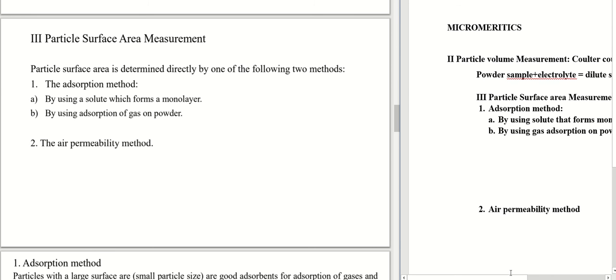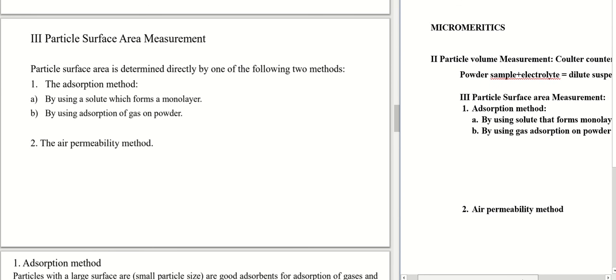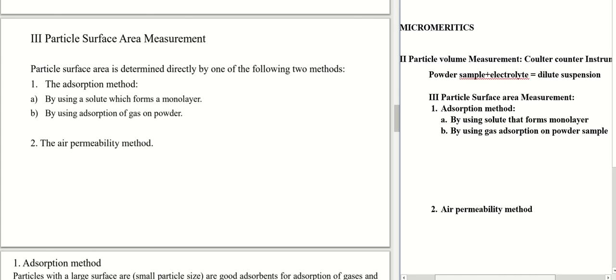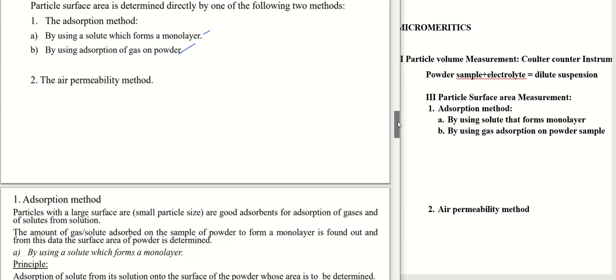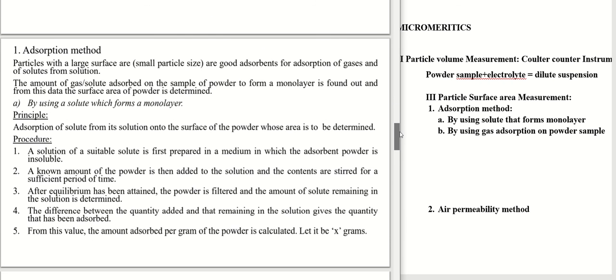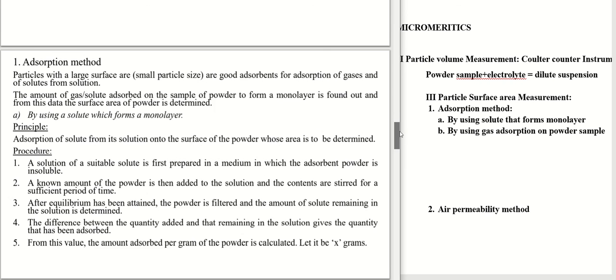Now first of all, we will be discussing how this adsorption method can be applied in measuring particle surface area. And in that, we are having two principles. The first one is by using solute that forms a monolayer, and the other is by adsorption of gas onto the powder. Now let's get into this method. The first one is the adsorption method.